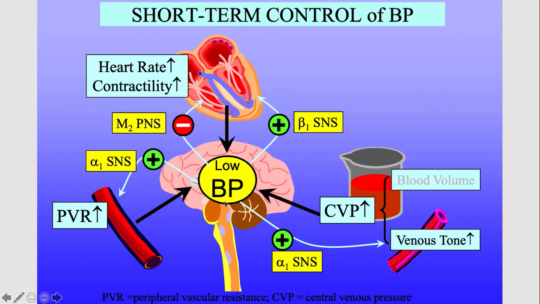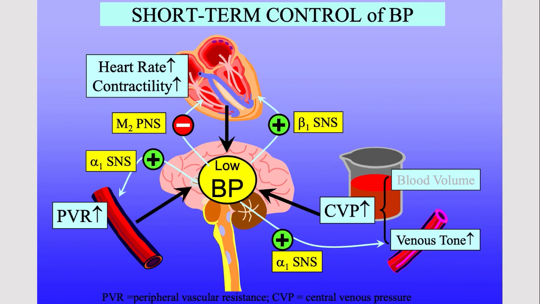Well, it's also going to have alpha-1 vasoconstriction via the sympathetic nervous system on our arterioles to increase the peripheral vascular resistance, which will increase blood pressure, right? It's also going to have alpha-1 mediated vasoconstriction on venous tone to push that blood reservoir in our venous system up to the right heart and increase preload to increase stroke volume.